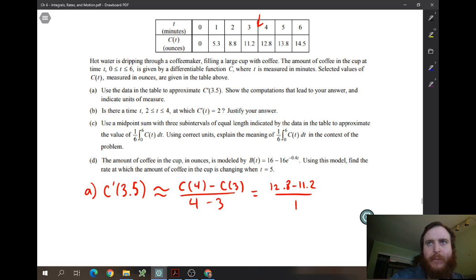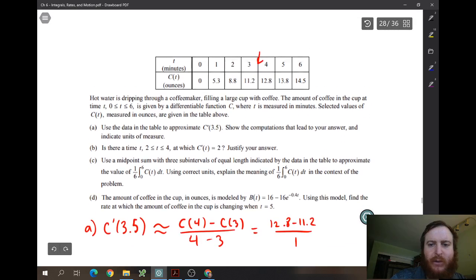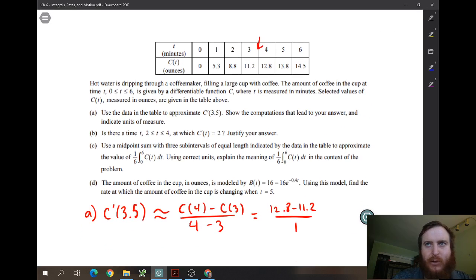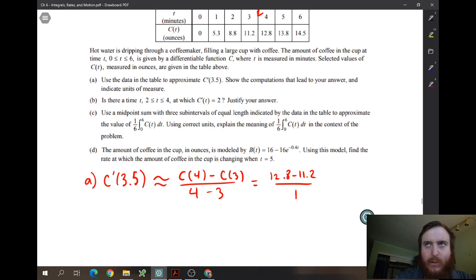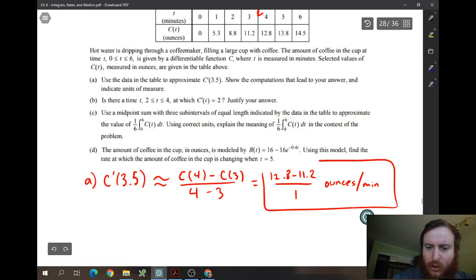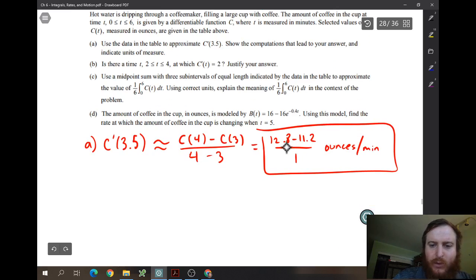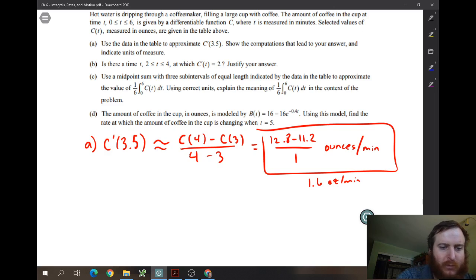Okay, and this was a non-calculator question. So I would just leave my answer like that. And then my units are ounces per minute because we're doing a derivative. Now, if you want to go in and subtract, you can. 12.8 minus 11.2 isn't hard. It's 1.6. But if it were me, non-calculator, I'd just leave my answer there.